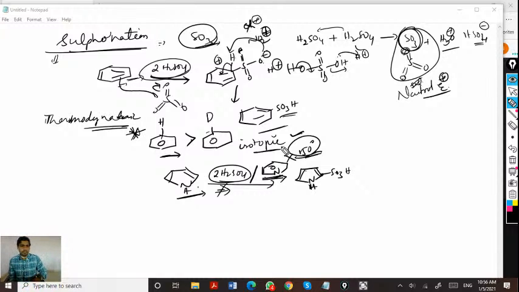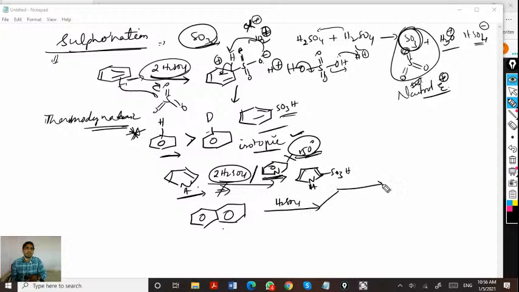One more important point regarding sulfonation: if naphthalene is treated with sulfuric acid, there will be two conditions. If it is low temperature, or if it is the kinetic product, it will be taken up at the alpha position.